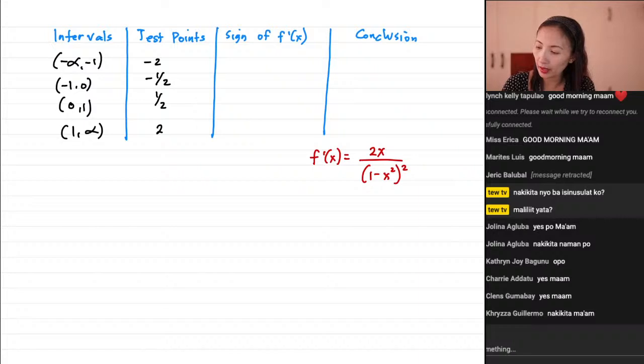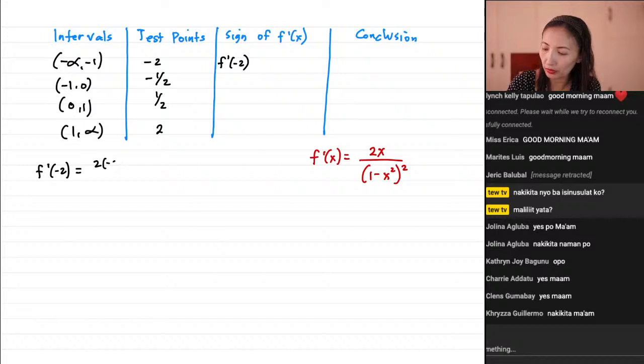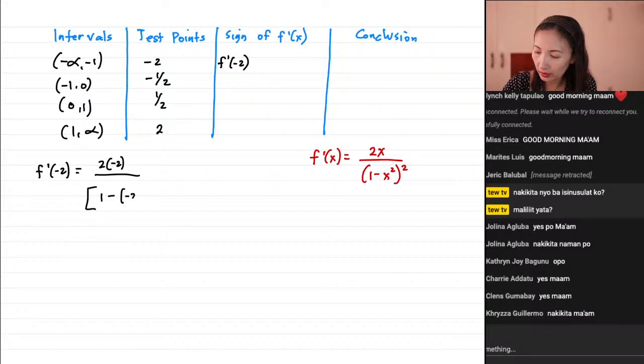Okay, f(x) = 2x over 1 minus x squared. So, what is f prime of -2? Let's show our solution here. F prime of -2 is simply 2 times -2 all over 1 minus negative 2 squared.